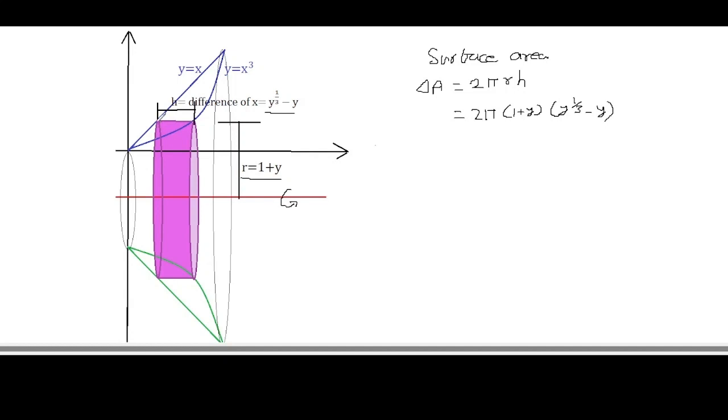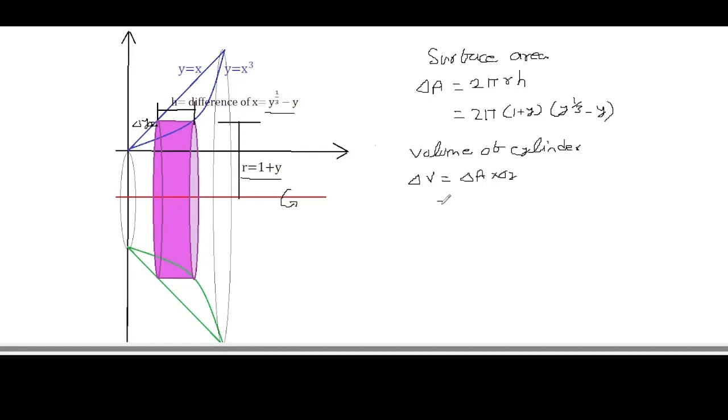Now we can take the width of the cylinder. Here if we take the width of the cylinder, this is a very small part. We can consider this as delta y because the width is parallel to the y-axis. So the volume of the cylinder we can write delta V as the surface area, that is delta A, multiplied by the width, that is delta y.